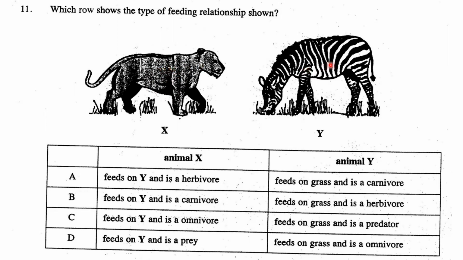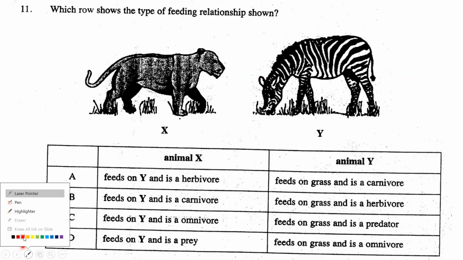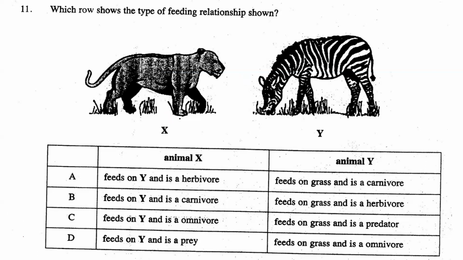And what is this? Y is a what? Herbivore. Why? Because it eats grass. Very good. So the correct answer here is, what do you think? B.